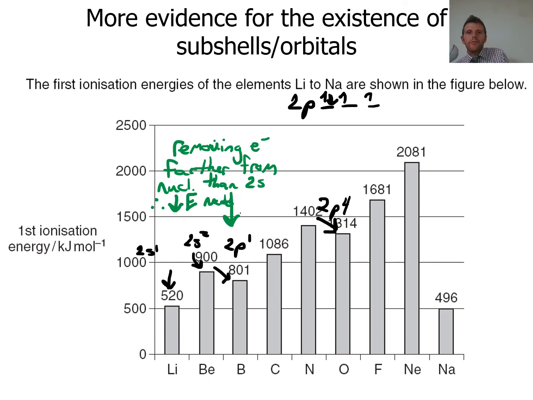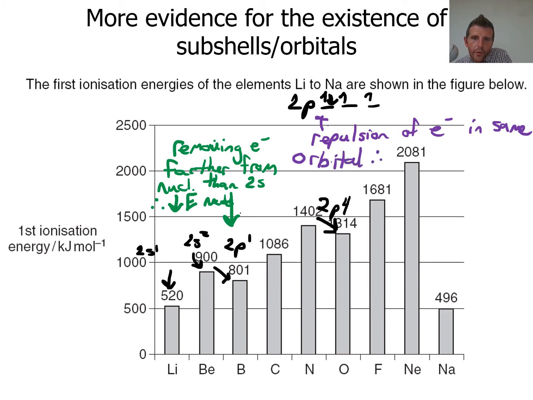We have on our px orbital repulsion of electrons in the same orbital, therefore lower energy needed.